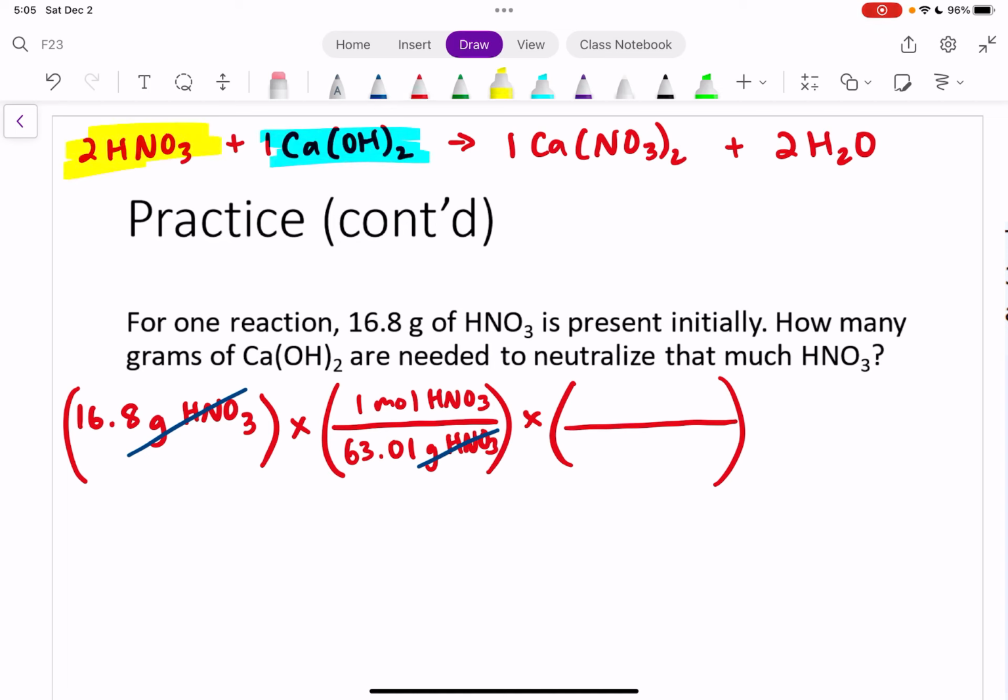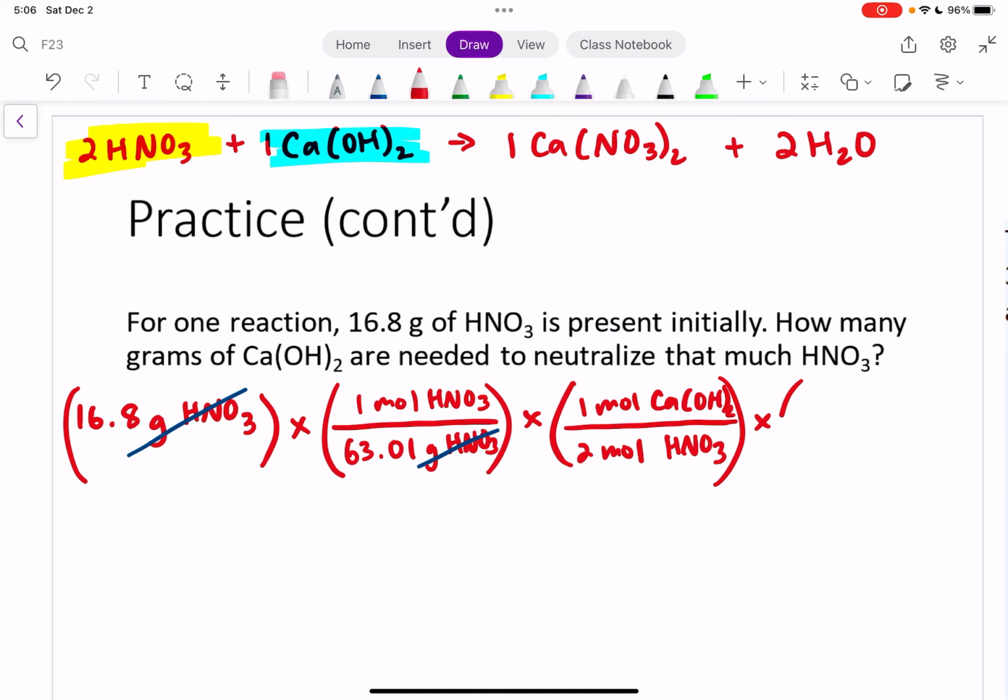Okay, so where does moles of HNO3 need to go? Yeah, on the bottom. So 2 moles, right, from our balanced chemical equation, 2 moles of HNO3 go in, and 1 mole of calcium hydroxide goes in as well. That's the ratio of those reactants.